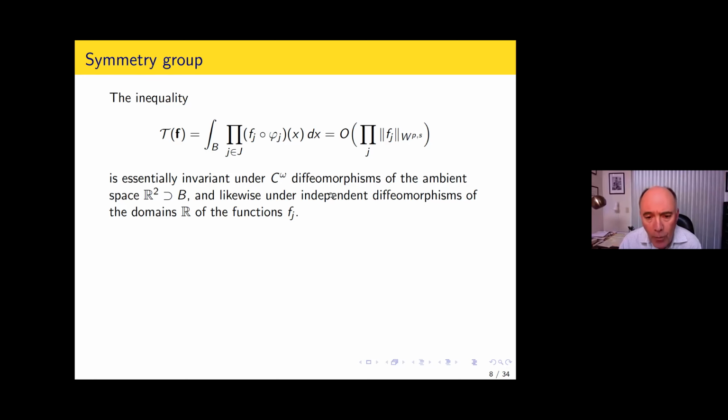But you can also make independent real analytic changes of variables in the domains of the factors f_j. So we have a product of diffeomorphism groups, which is a sort of symmetry group of the inequality. And thus you see that the obstruction is not just having linear mappings F_j, but rather having a tuple of mappings which is linearizable under this symmetry group.